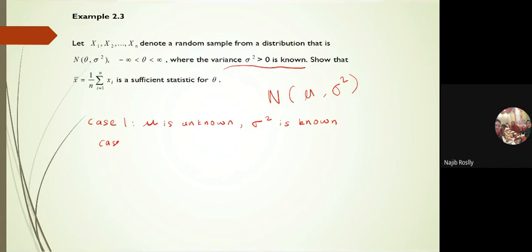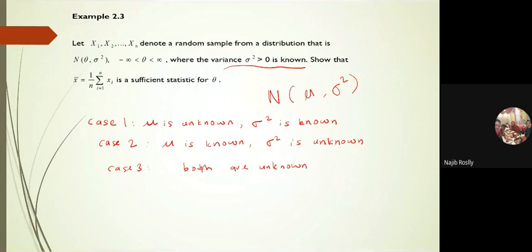Case 2: mu is known, but sigma square is unknown. And for the third case, both parameters are unknown. In this example, we only show case 1, where the variance sigma square is known.